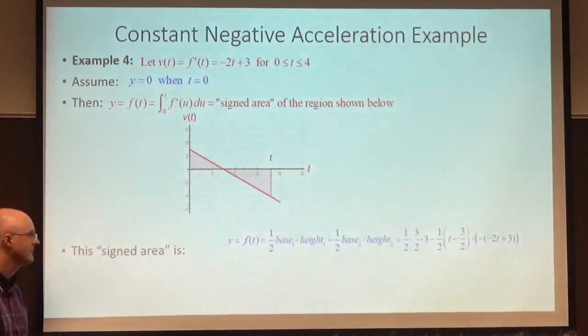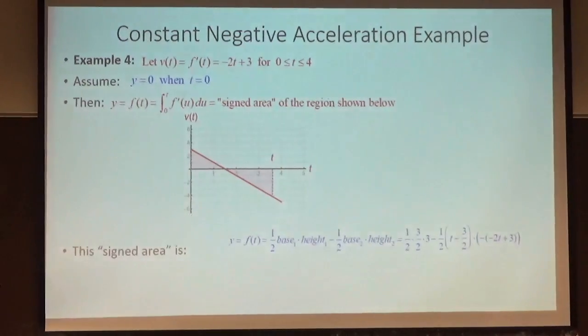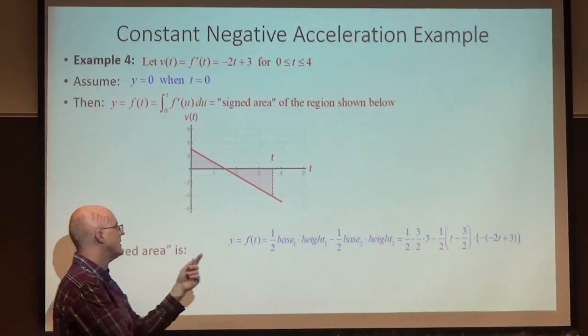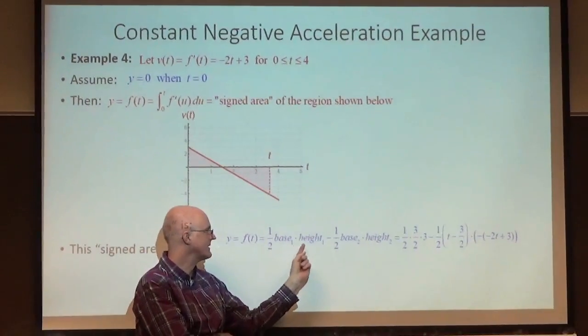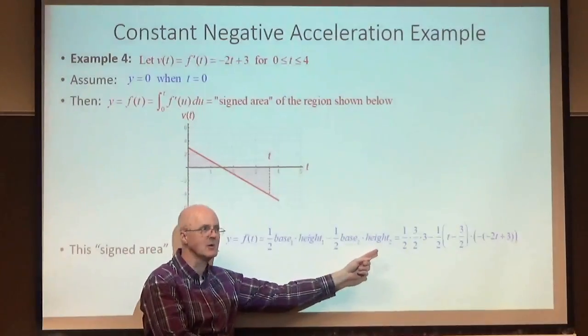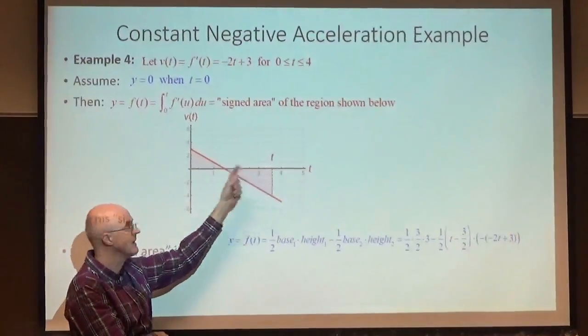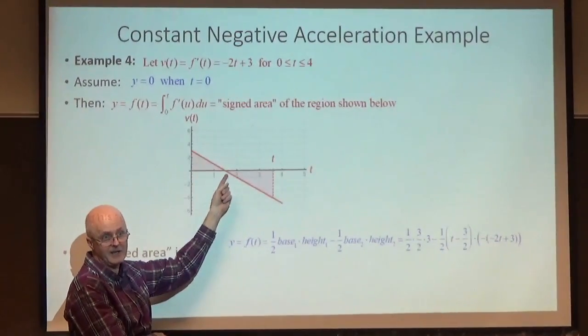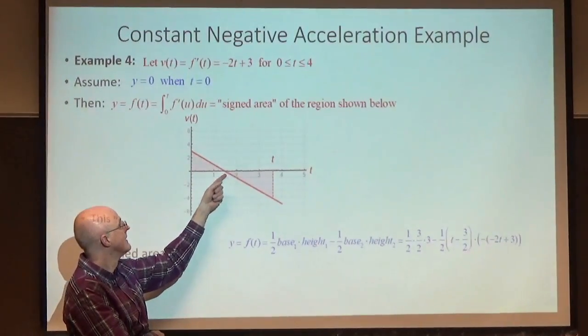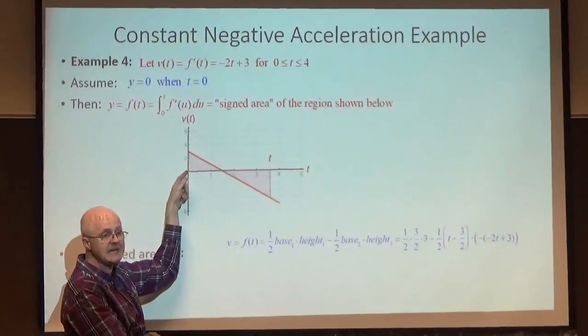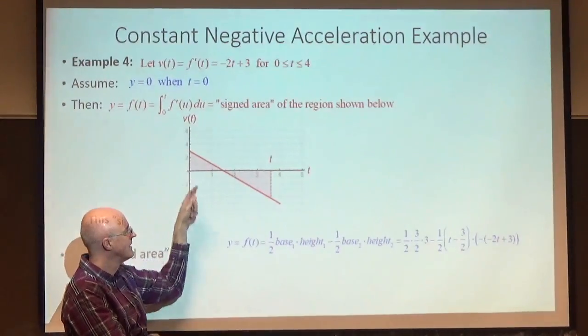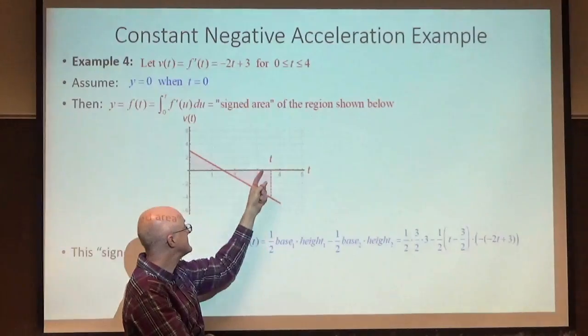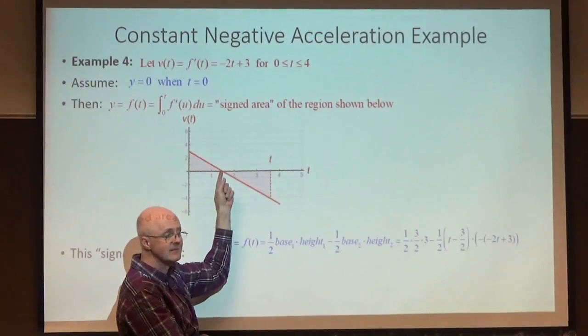Again, this gets tricky. 1/2 base times height. Base 1 times height 1, base 2 times height 2, because you have two triangles. That's triangle 1, that's triangle 2. This distance is base 1, 1.5. This height is height 1, 3. Base 2 is this distance, t minus 3 halves.